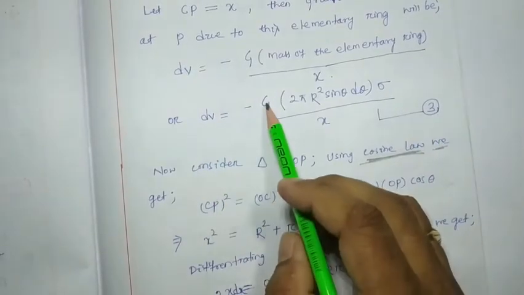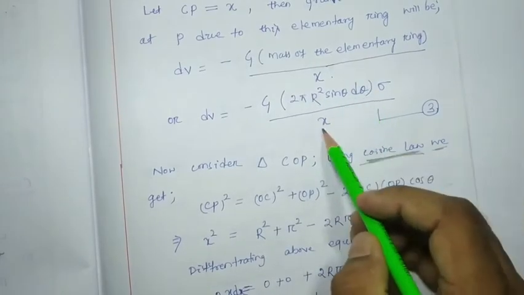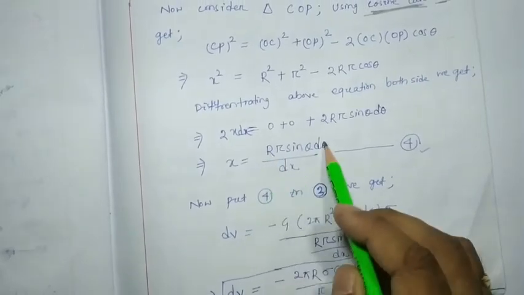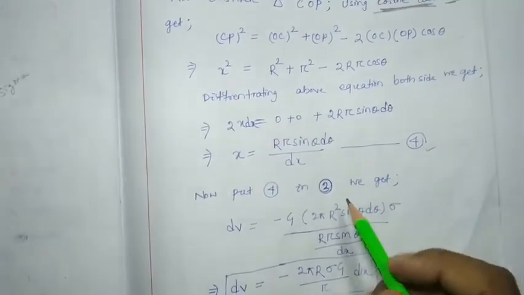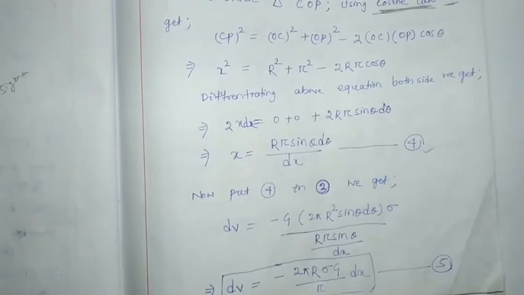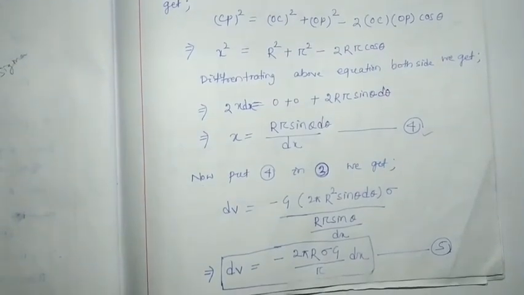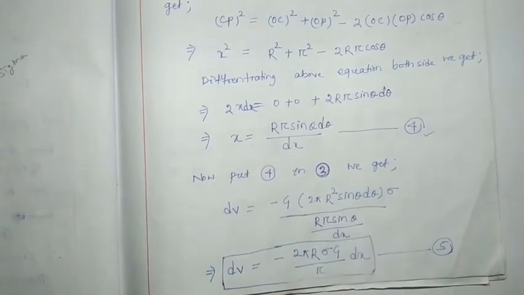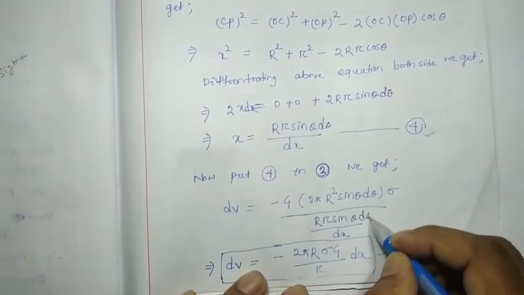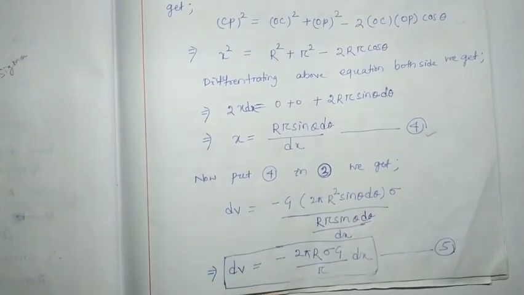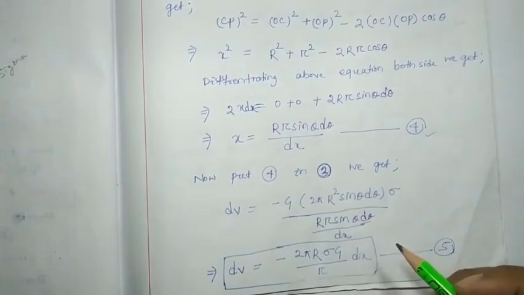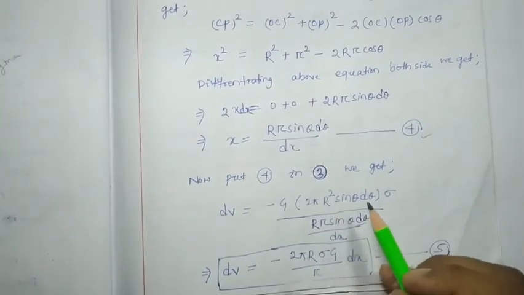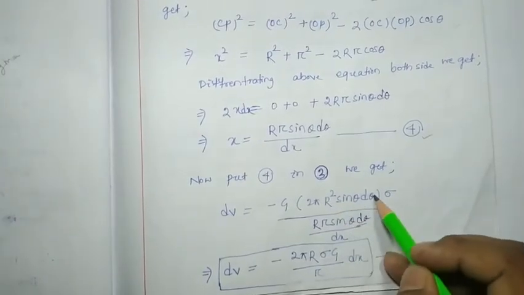dV equals minus G 2 pi r square sin theta d theta sigma by x. Here instead of x we have to put R sin theta d theta by dx. Here one R got cancelled, and sin theta d theta also got cancelled.